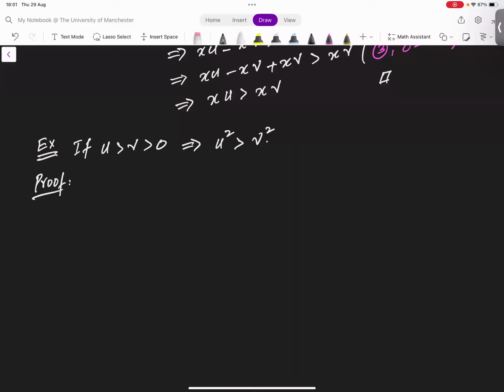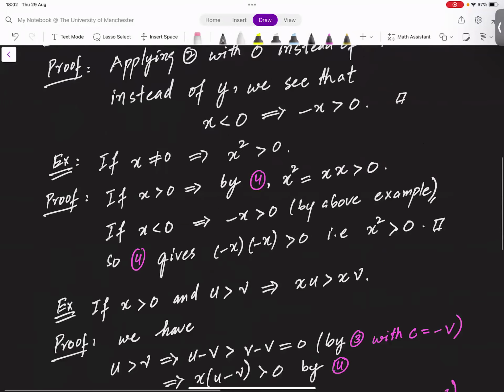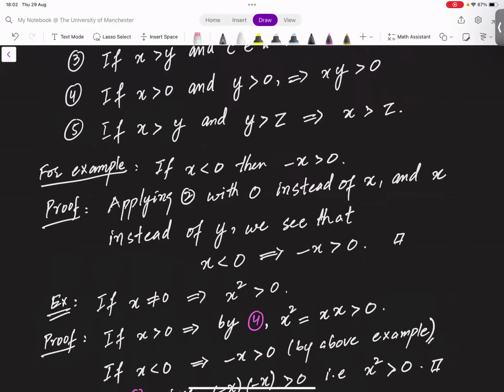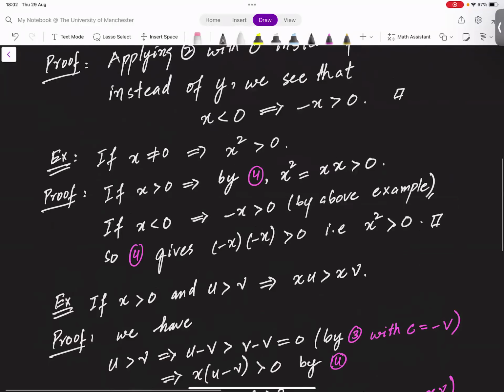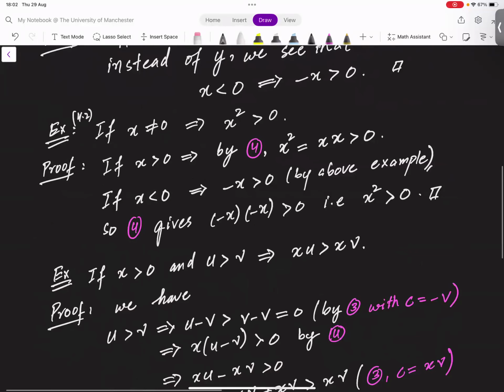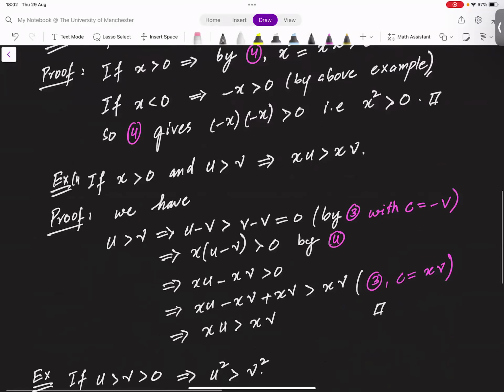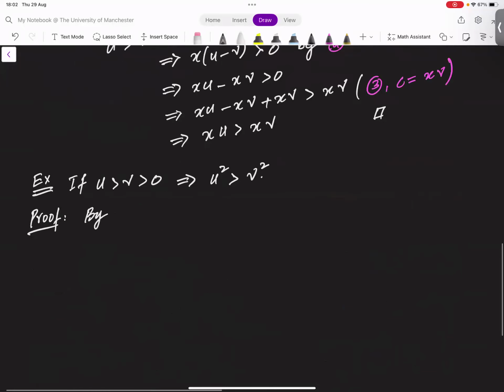For simplicity, let's name these examples 4.1, 4.2, 4.3.